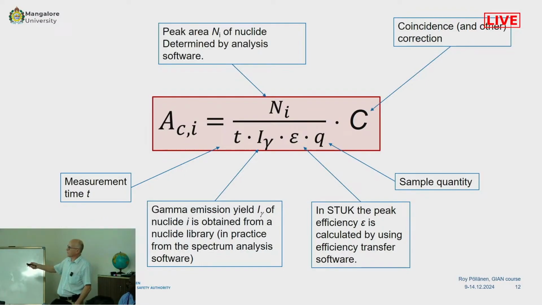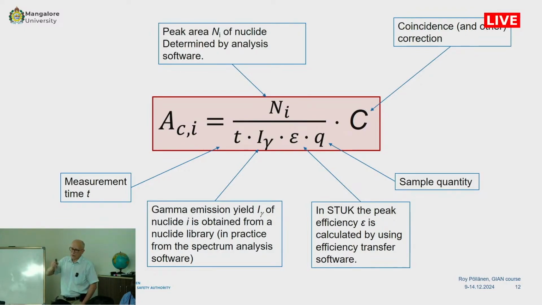Okay. This is the library data. So it's the gamma emission yield of the nuclide. This is perhaps the most difficult thing. We have to take into account detector efficiency.